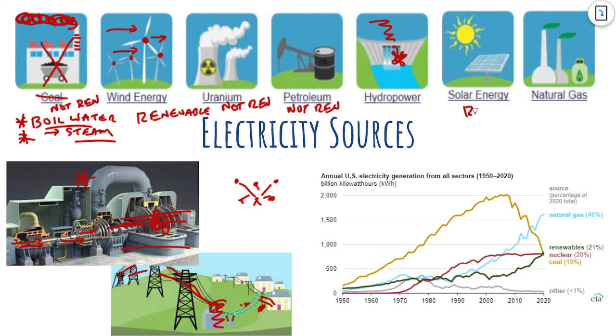Solar energy is renewable. I guess hydropower would be considered renewable. Natural gas, I could burn natural gas, same old deal, boil water, make steam, turn turbine, right? But at some point we kind of run out of that. We do know how to make biomass. We do know how to make gas out of corn and any kind of plant material.